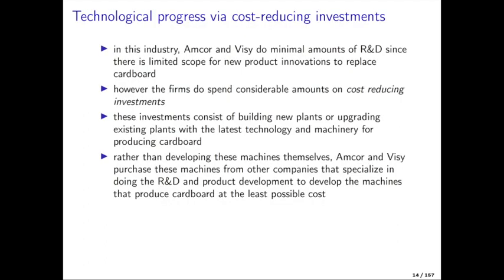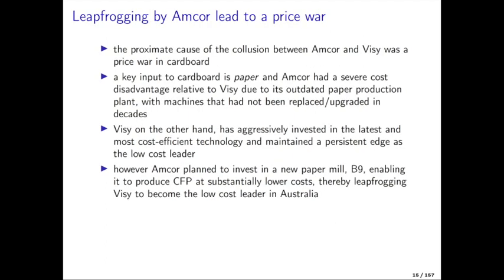They are buying the state-of-the-art machinery for producing cardboard from other firms that develop it, probably in Czechoslovakia or Germany. So it's technological progress with cost-reducing investments, but not in the shape of R&D with an uncertain payoff. They just go out and buy whatever is produced by these German or Czechoslovakian firms.